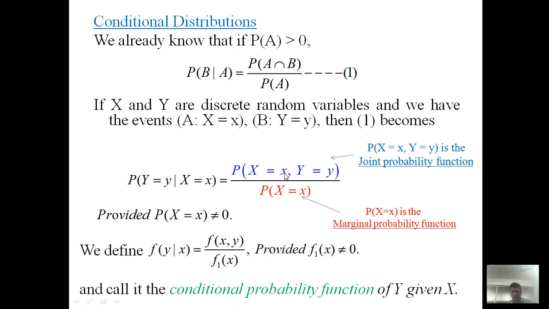Similarly, the probability of X equal to x, Y equal to y is also represented as a function f of x and y, and the probability of X equal to x is simply written as f1 of x, and we use the same condition: the denominator f1 of x must not equal 0. Again I will repeat that finally f of y given x, or probability of y given x, is known as the conditional probability function of y given x.